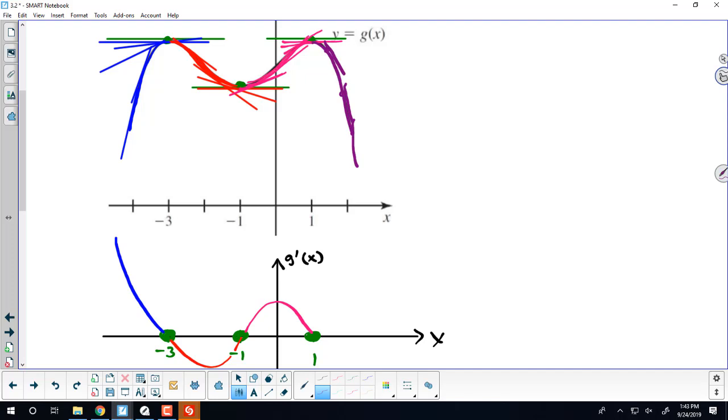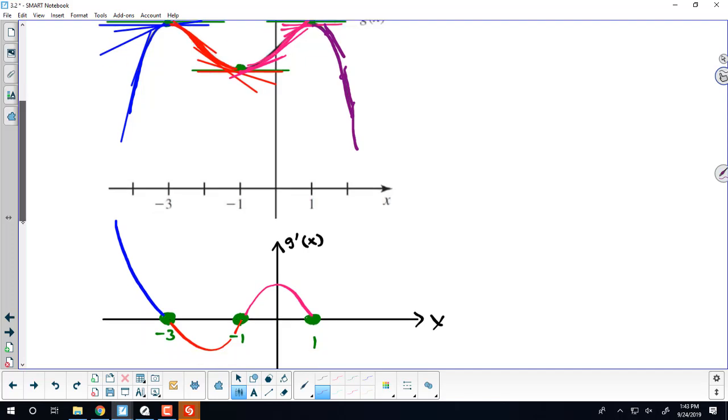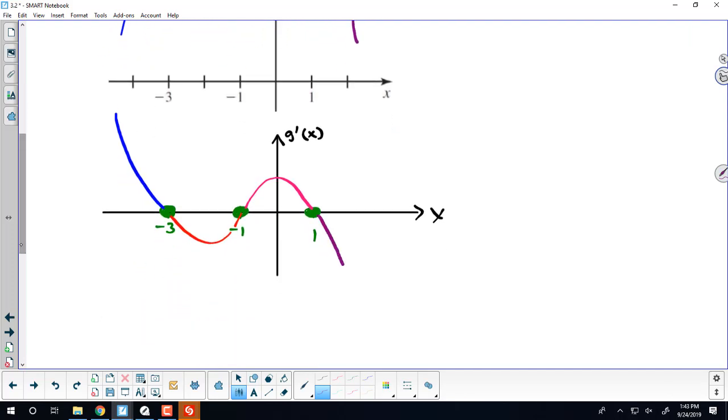So after that 0, they're negative, getting more negative. So that's the graph of our derivative. Of course, it's all one thing, so maybe ignore the colors, but hopefully they help in determining how we got each portion of that graph.